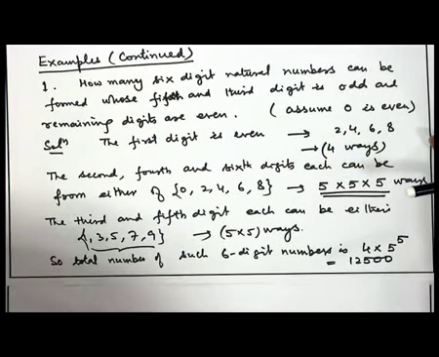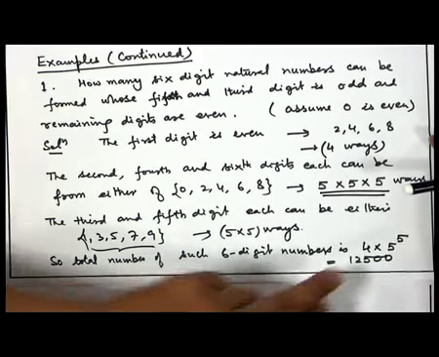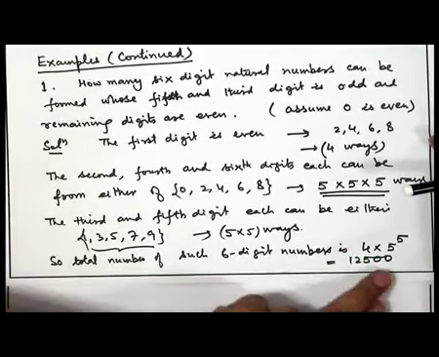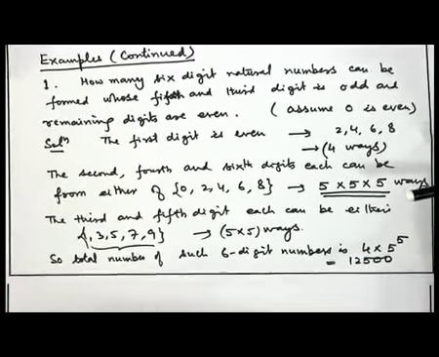For the remaining, each can be chosen in 5 different ways, so those five digits can be chosen in 5 to the power 5 ways. Therefore, the total number of possibilities is 4 into 5 to the power 5. That is, there are 12,500 such numbers.